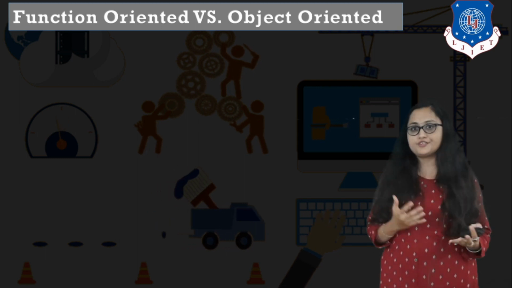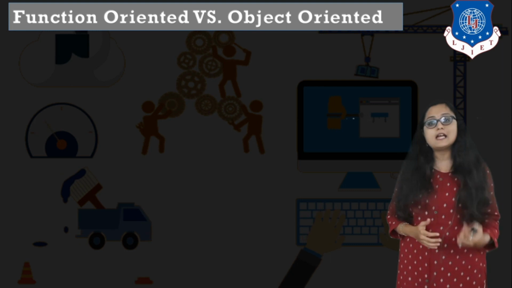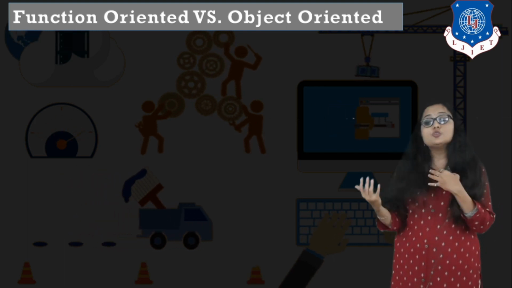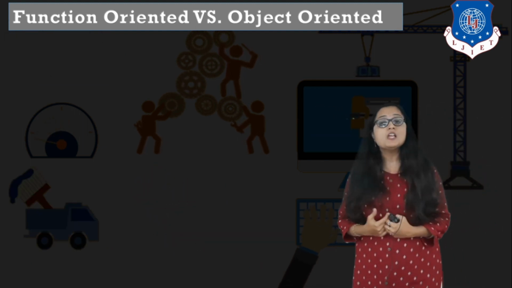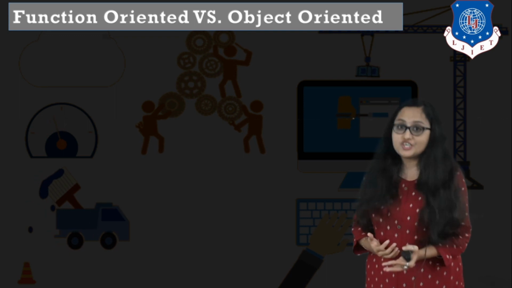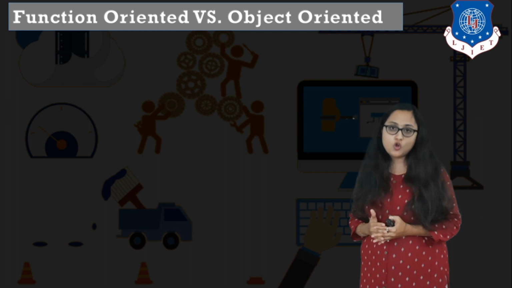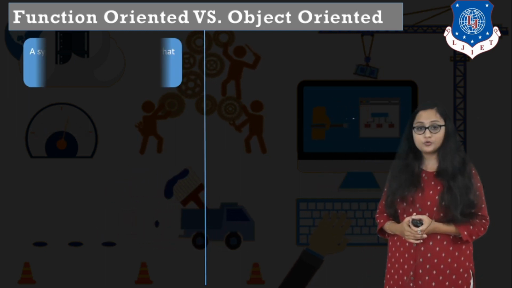In function oriented, there is a fixed set of things and you can change the operations or functions, whereas in object oriented there is a fixed set of operations and you can change the things that are applied to those operations. That is the main difference between function oriented and object oriented.